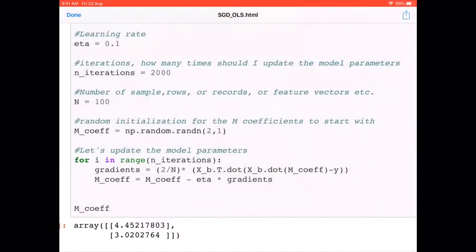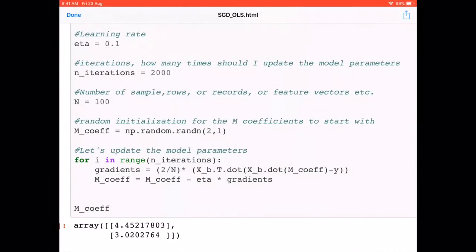What you can see here is that eta is defined as 0.1, which is the learning rate, and how many times I should update the model parameters is 2000. Typically our life would not be so easy. If the loss function was just a convex function, like a U-shaped curve, then life would have been so easy for us to get to the bottom, and we could just keep repeating until we reach that bottom value.